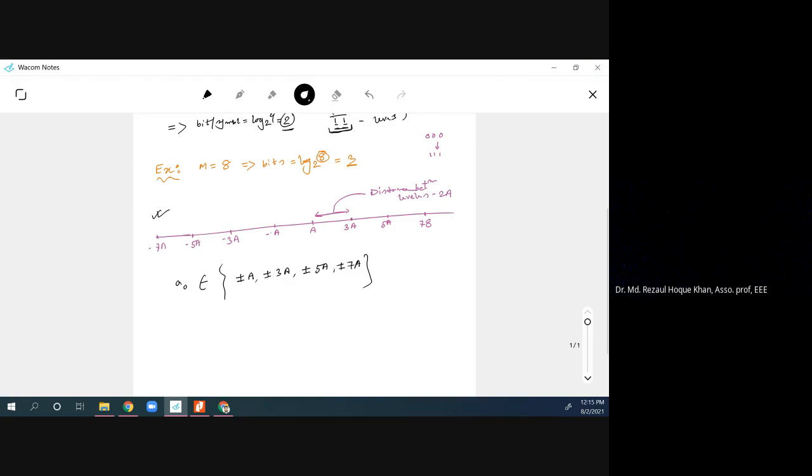In our example, the constellations are separated by 2A. Like this constellation and this constellation, they are separated by 2A. Also, from this constellation to this constellation, they are separated also by 2A.